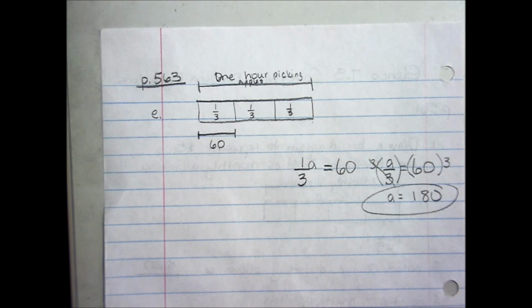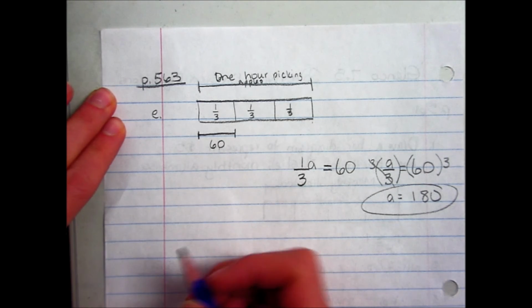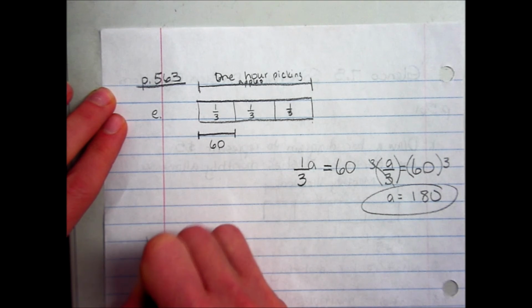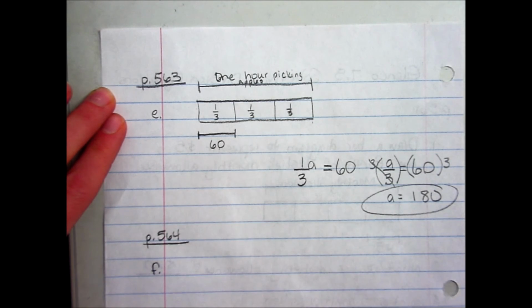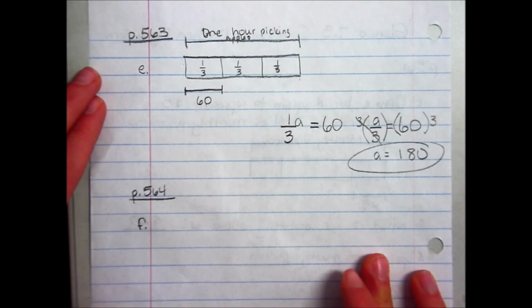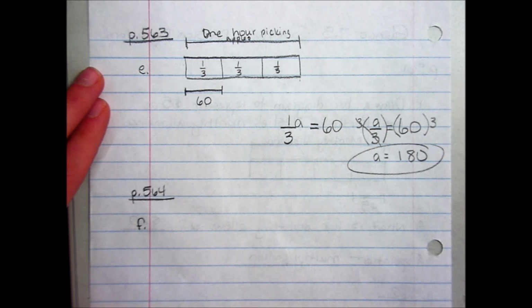Okay, and then if we look at F on page 564, we can practice one more. Allison is baking a pie, and she wants 4.5 strawberries in each serving for 8 people.